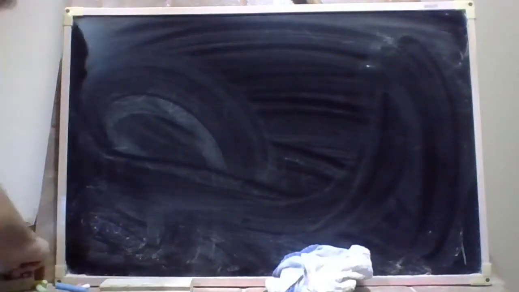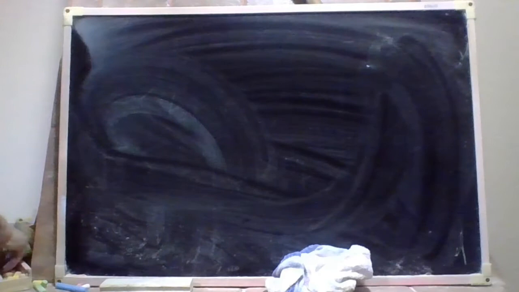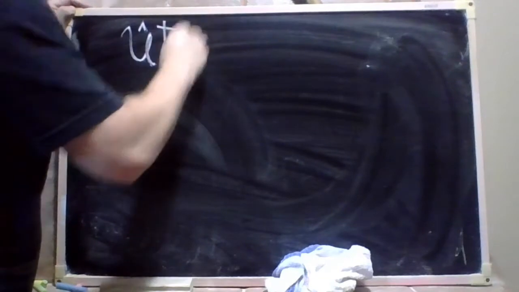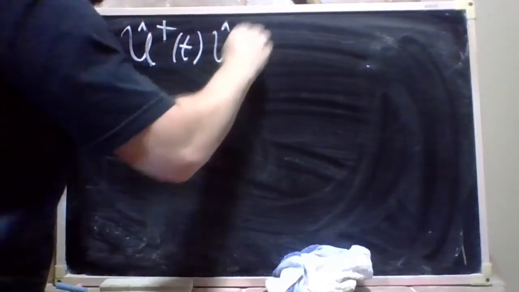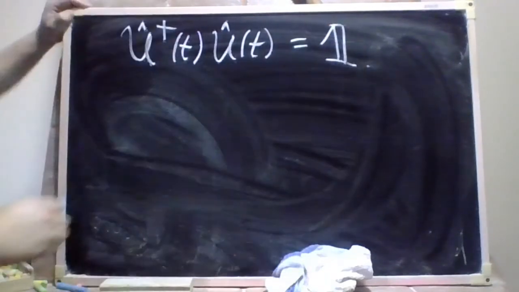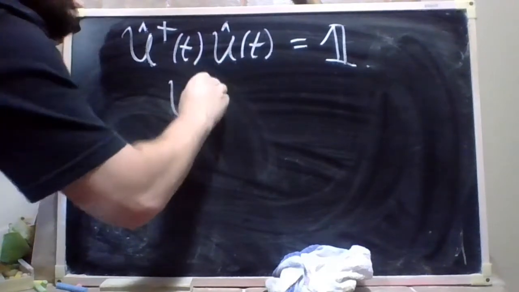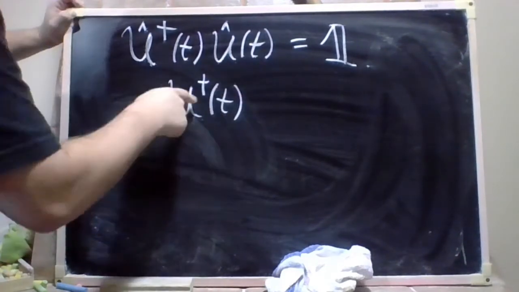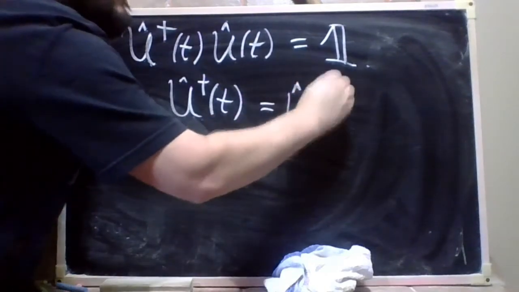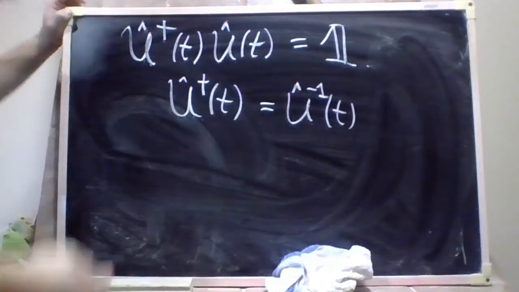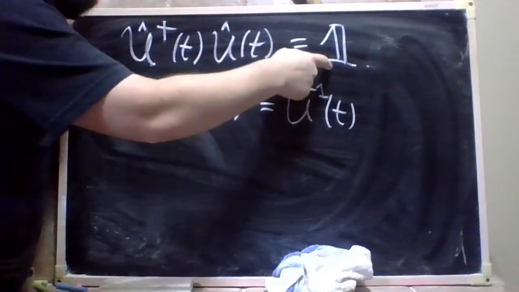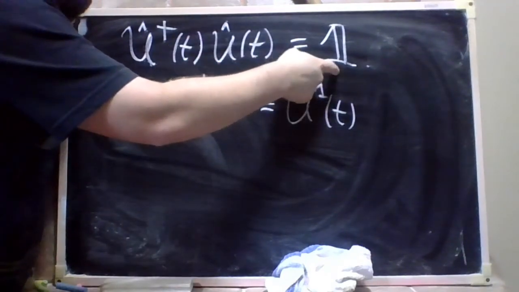So in this case, we must conclude that U dagger of time t multiplying U of time t must be equal to the identity, which means U dagger at time t of the evolution operator must be equal to the inverse, because it's the only way that when you multiply a matrix by another matrix, it is equal to the identity matrix.